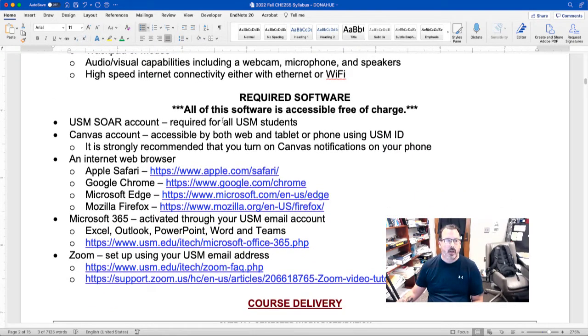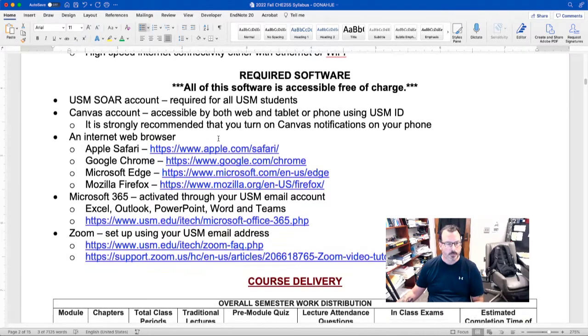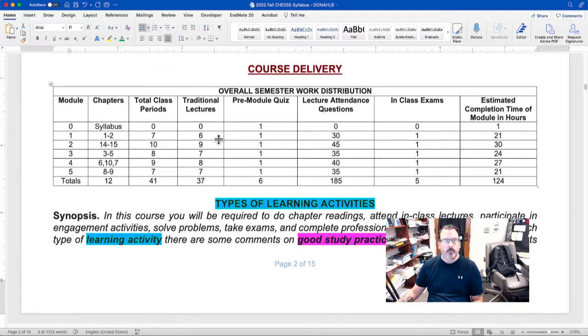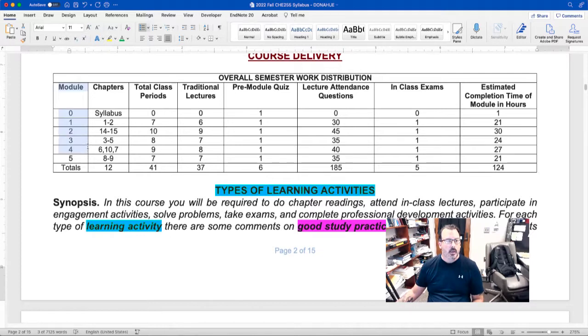Required software, you obviously need to be accessing your Canvas account every day. And to do that, have some sort of web browser, whether it's on a computer, a tablet, or a phone. So the course delivery. So how is the semester organized? There's 6 modules.